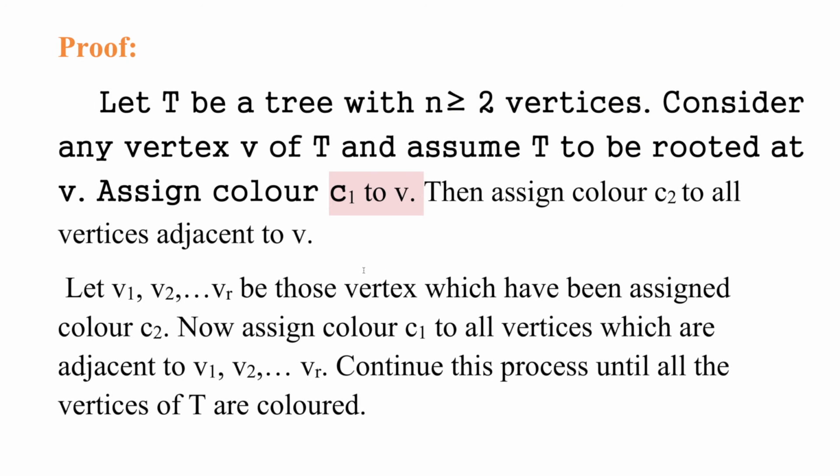Then assign color C2 to all vertices adjacent to V, and let V1, V2, etc., Vr be those vertices which have been assigned color C2. Now, assign color C1 to all vertices which are adjacent to V1, V2 and so on up to Vr. Continue this process until all the vertices of T are colored.